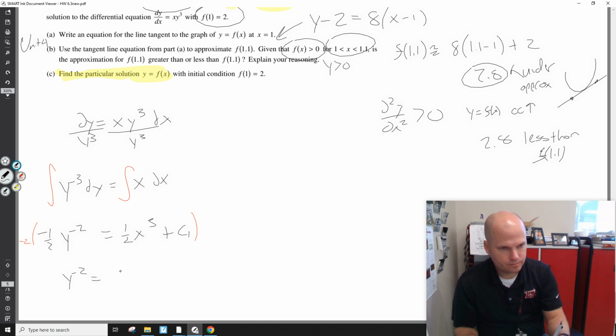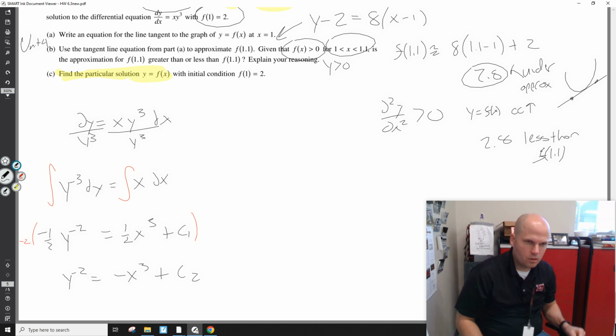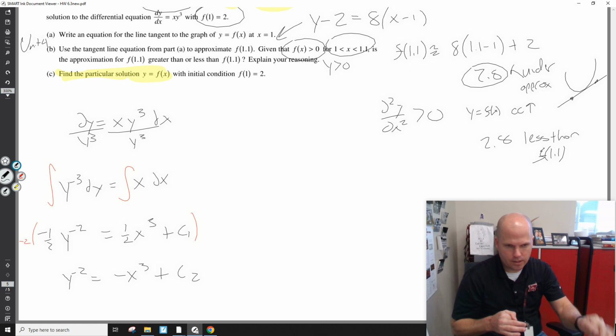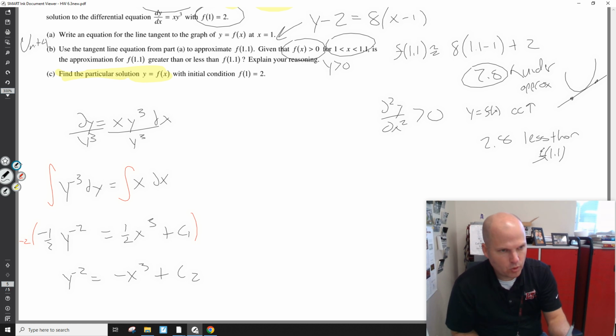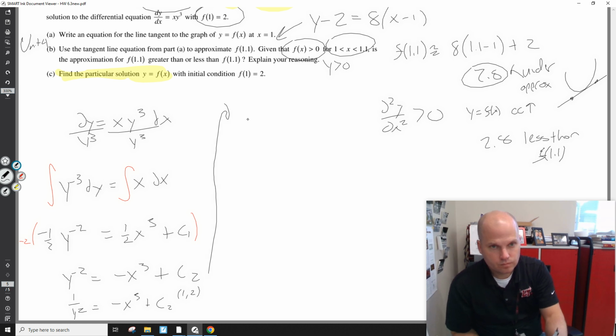That's nice. I have a 1/2 on both sides. I have the point (1, 2). C2, therefore, is 5/4 after I add 1 to both sides. Okay, get ready.